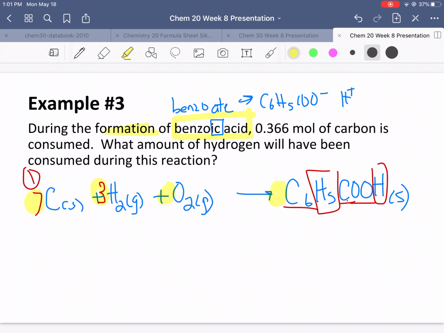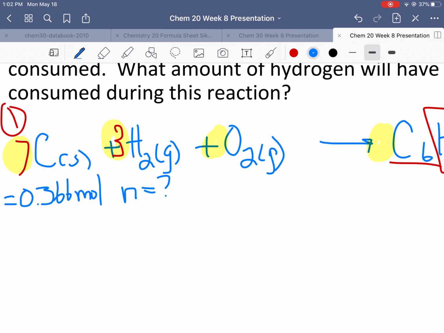Those are our coefficients, and in this particular question, it says what amount of hydrogen is consumed, so hydrogen is our unknown, and exactly 0.366 moles of carbon react. Those are the two things we're comparing, carbon to hydrogen. Keep going. Carbon solid compared to hydrogen gas.